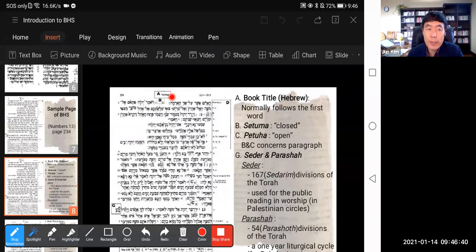If you pay attention to the Hebrew title, you will notice that it is different from our English title. Page 234 is one of the passages of Numbers, chapter 12 moving to chapter 13. So, as I said, it is Numbers. Then why is it called Bet Mem Dalet Bet Resh?